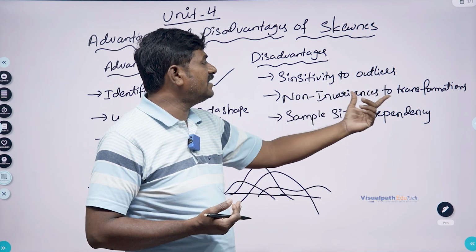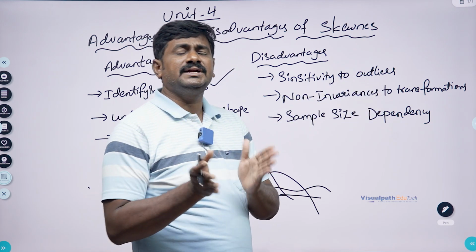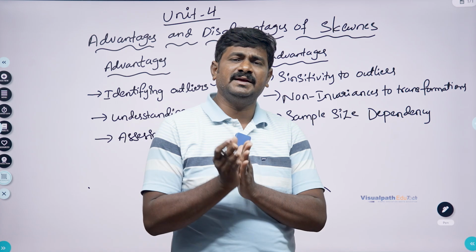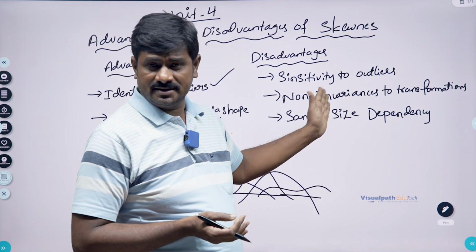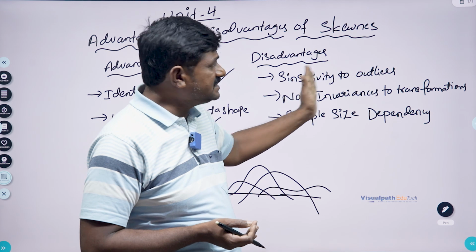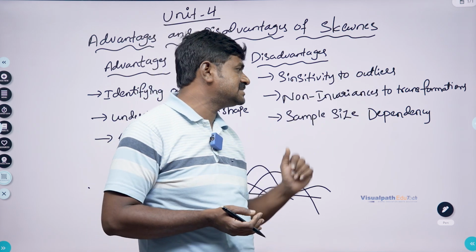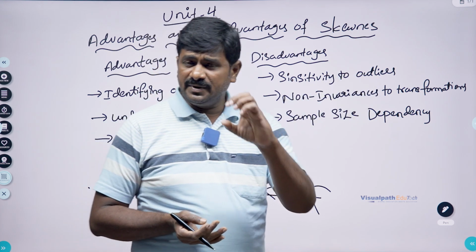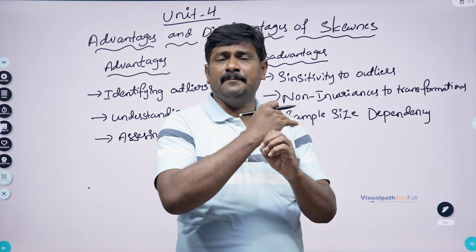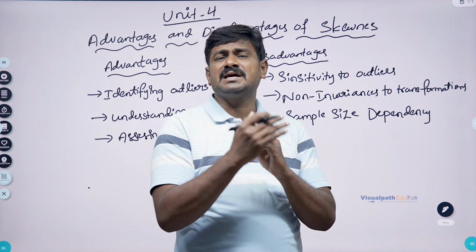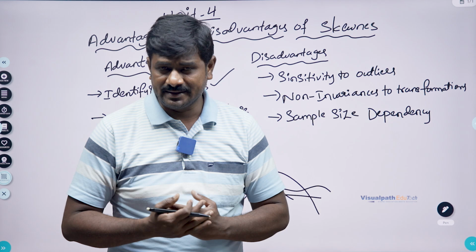Then, non-invariance of transformations. It is not helpful while transforming the data from one set to another set; it is not invariant under these transformations. Next, sample size dependency. When we take small samples, obviously small samples may not give accurate results.